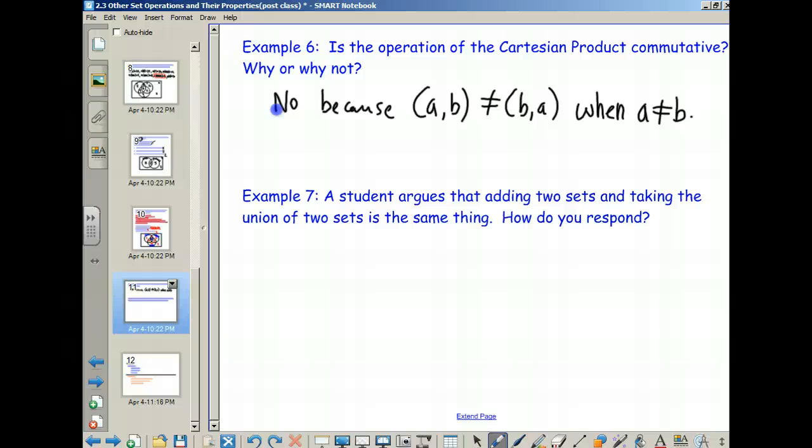Example 7: a student argues that adding two sets and taking the union of the two sets is the same thing. How do you respond? It's not adding, it's just putting them all together. It's not like adding the numbers. If one overlaps in the union, you don't count it twice. Yeah.